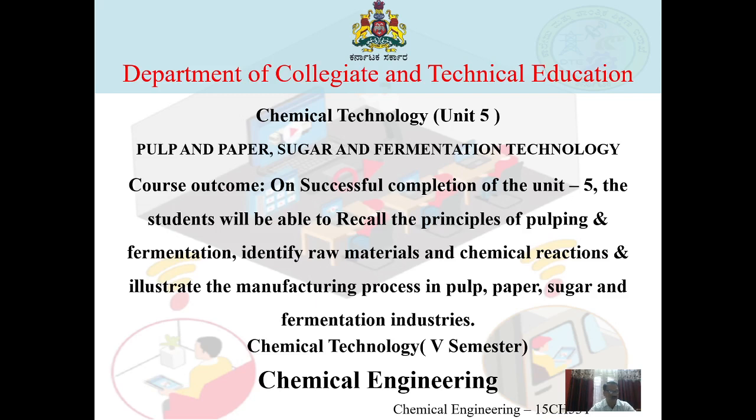Similarly, when sulfur dioxide, water and magnesium carbonate are reacted, it forms magnesium bisulfite and carbon dioxide. Sulfur dioxide and magnesium hydroxide react and produce magnesium bisulfite, or sulfur dioxide, water and ammonia are reacted to produce ammonium bisulfite.